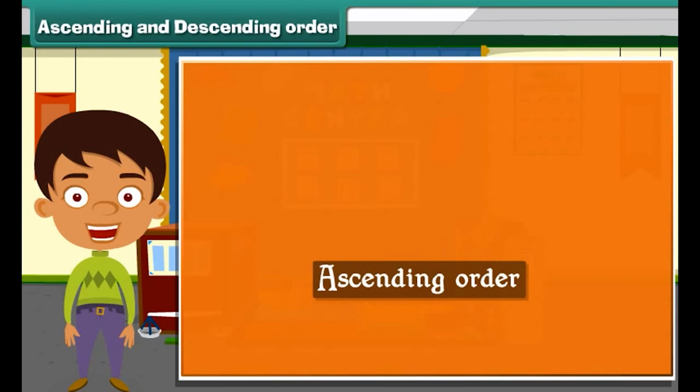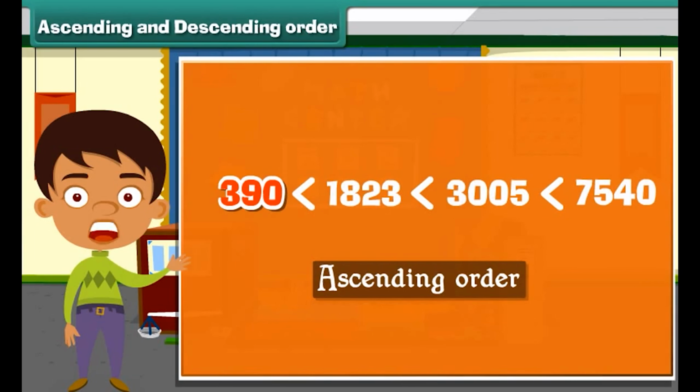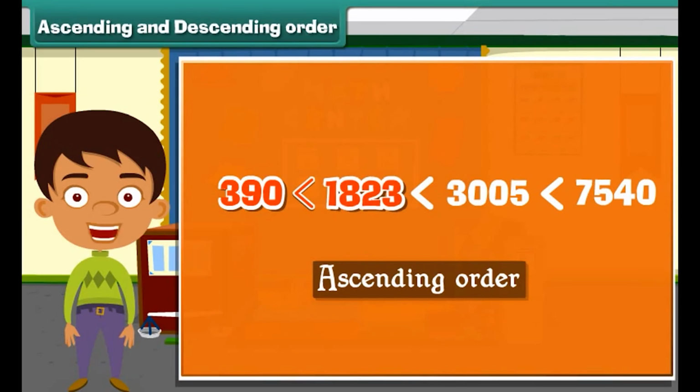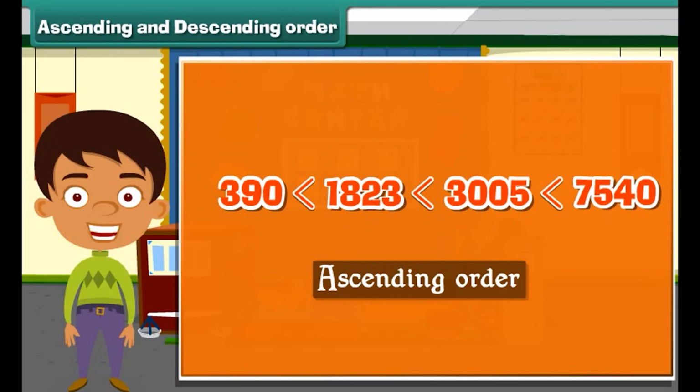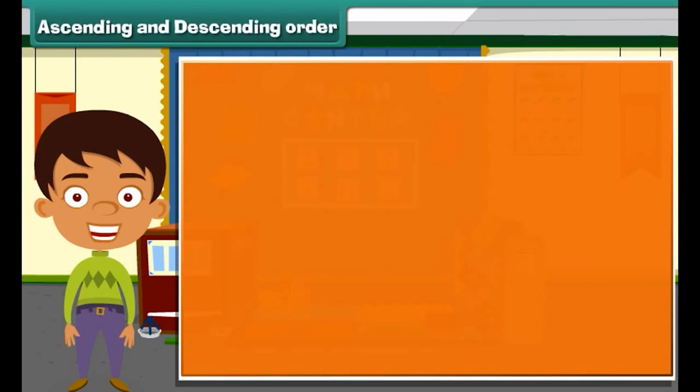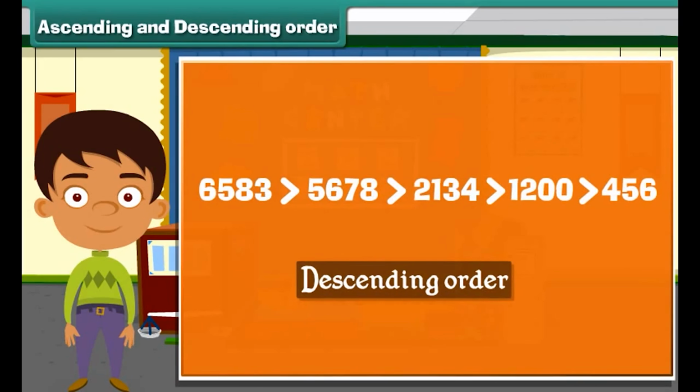Symbolically, the ascending order of numbers may be denoted by the less than symbol. For example, 390 is less than 1823, is less than 3005, is less than 7540.